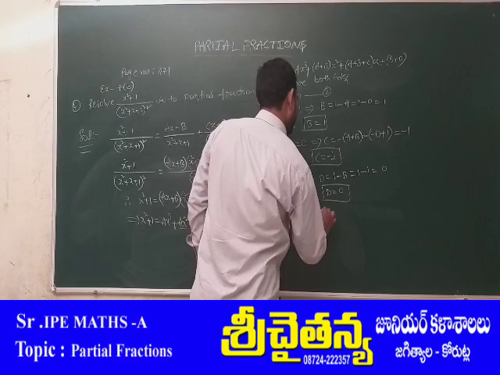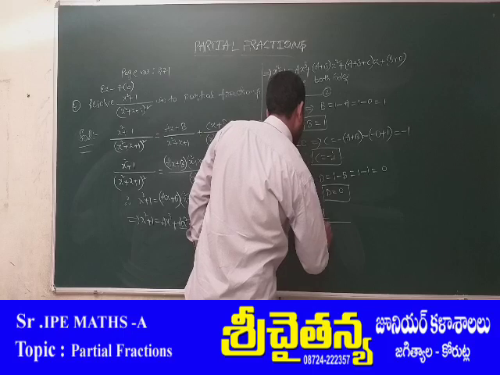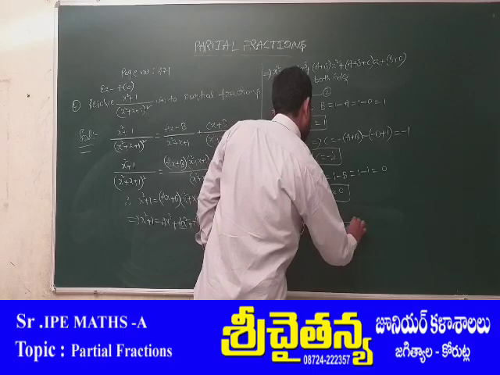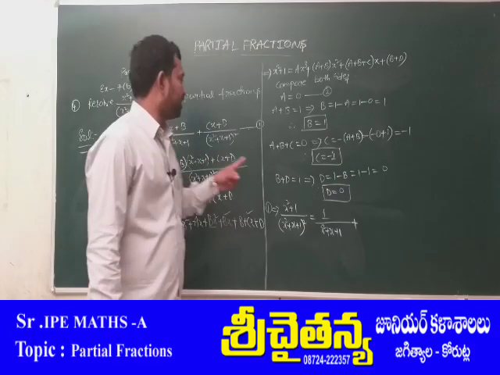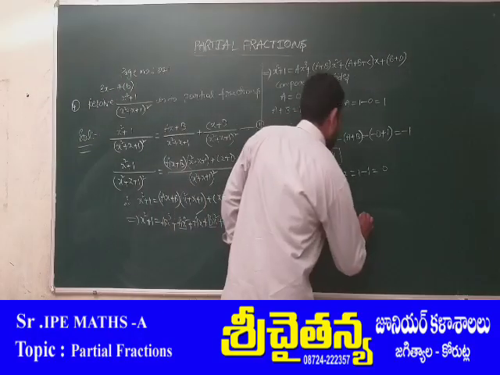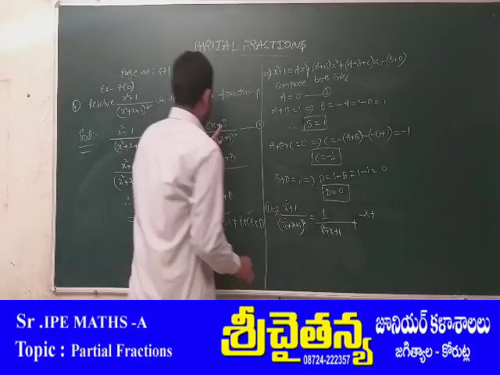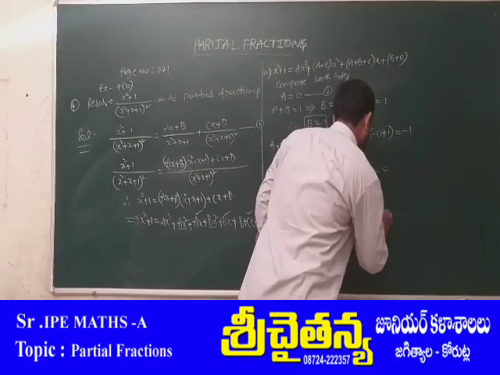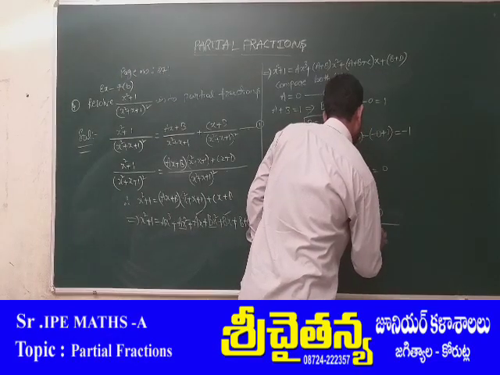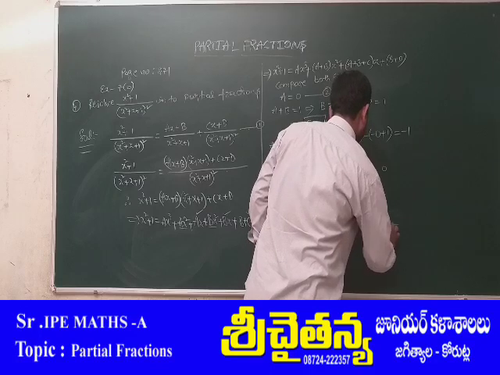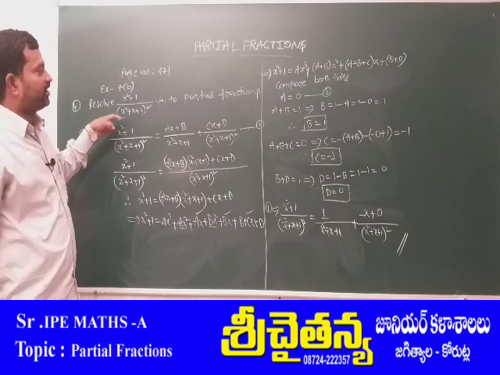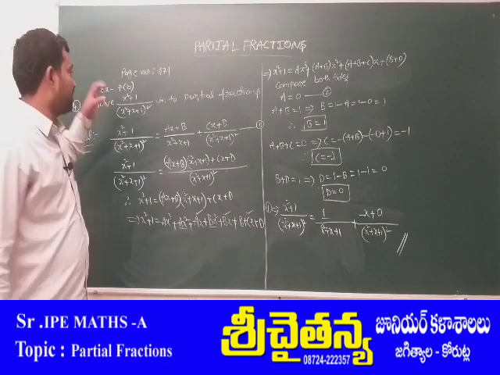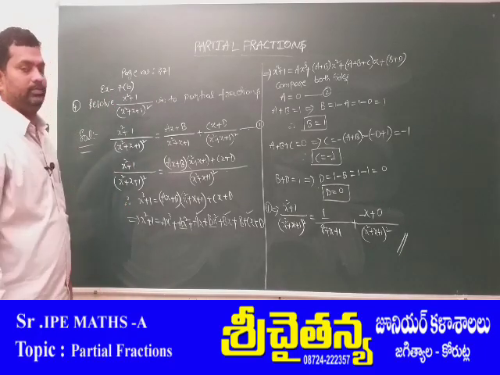B equals to 1, by x square plus x plus 1, plus next cx plus d. C is equals to how much here? Minus 1. Minus 1 into x is minus x, plus next d is equals to how much here? 0, by x square plus x plus 1 whole square. So this is the way of resolving a rational fraction into partial fractions under rule 4.